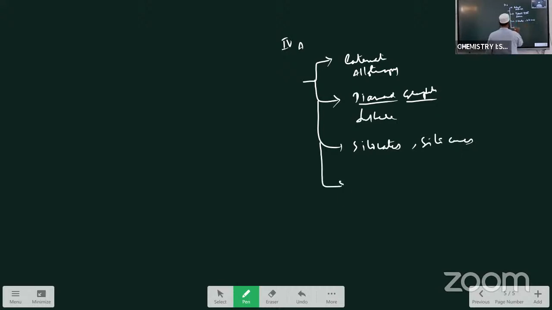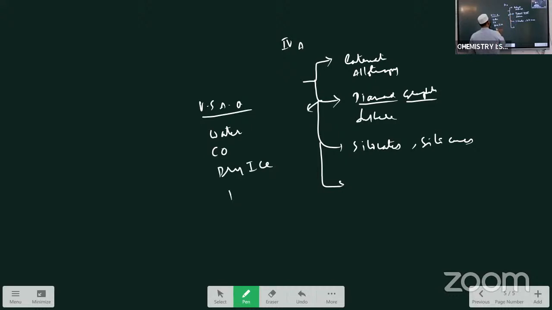Now then VSAQs है, थोड़े VSAQs हैं. In these VSAQs, what is water gas, what is the toxic effect of carbon monoxide, what is dry ice किसको बोलते हैं, और ये properties of diamond और ग्राफाइट में आता बेटा.